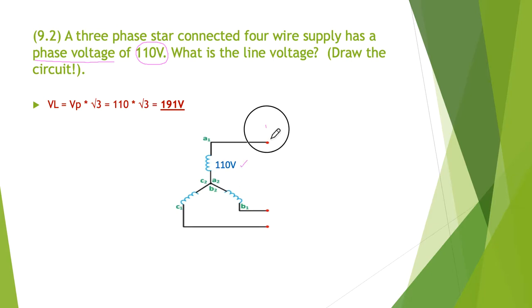And we need to know what the volts line is equal to. So in this particular case, volts line is the volts phase multiplied by √3 this time. So 110 multiplied by √3 tells us that 191 volts is our volts line.